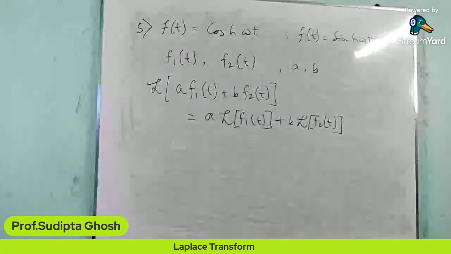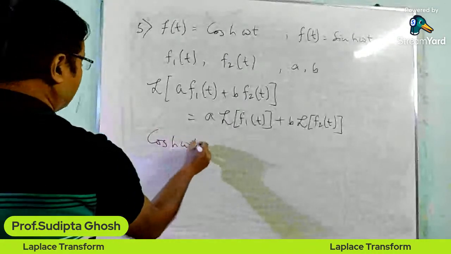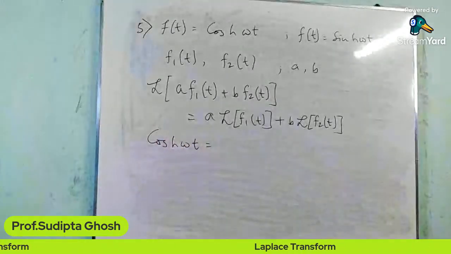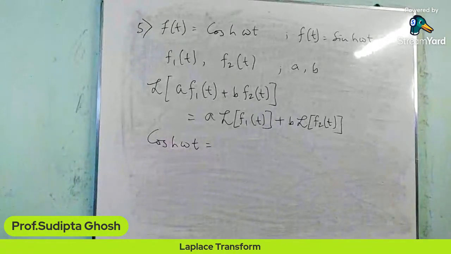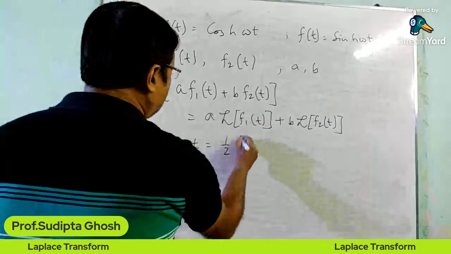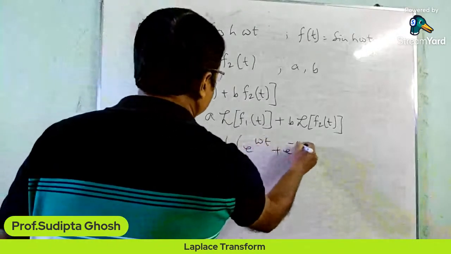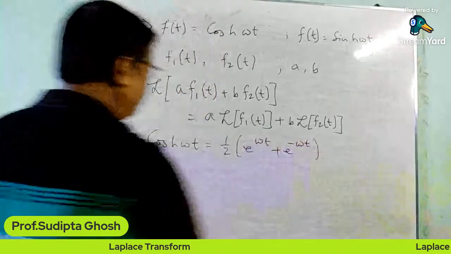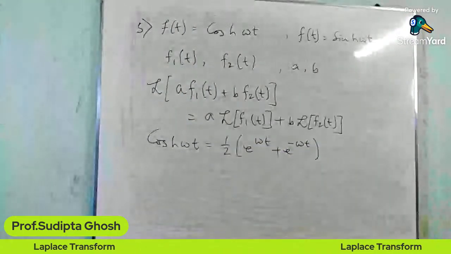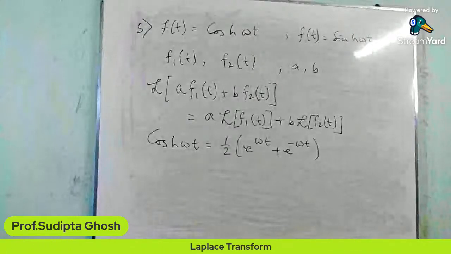As we know, cos hyperbolic omega t is nothing but half e to the power omega t plus e to the power minus omega t. This is the expanded value of cos hyperbolic omega t.